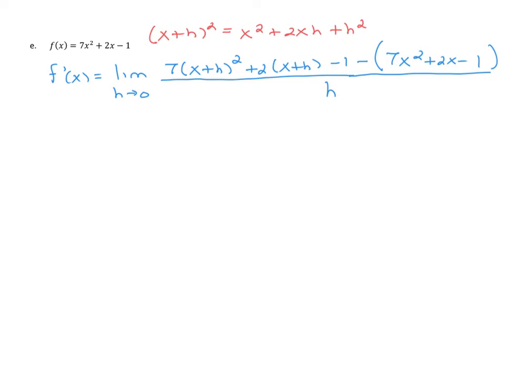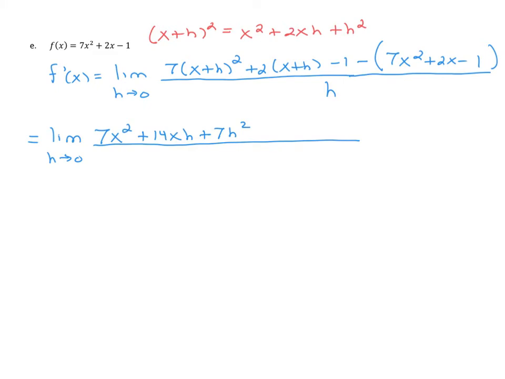So, that being said, this is the limit as h goes to 0 of, okay, the first piece is going to be, we get 7x squared. We then get plus 14xh. And then we get plus 7h squared.